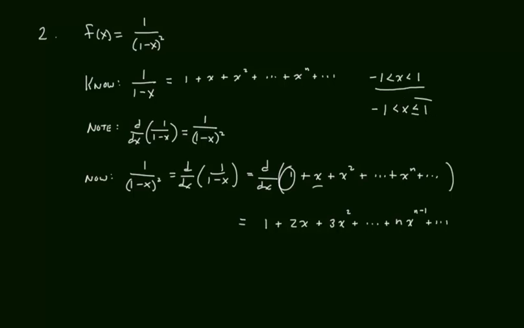So it would never turn out that my manipulated one would look like this, because I can't gain the point of 1 by taking the derivative. I can only perhaps lose points. So it will turn out that the interval of convergence is the same as it was for the known. And that does happen frequently, but not all the time.